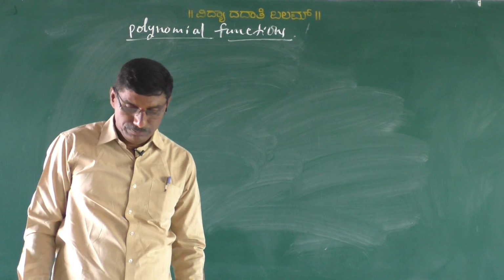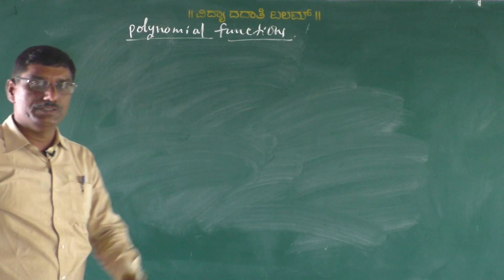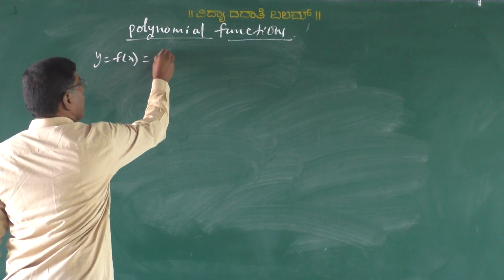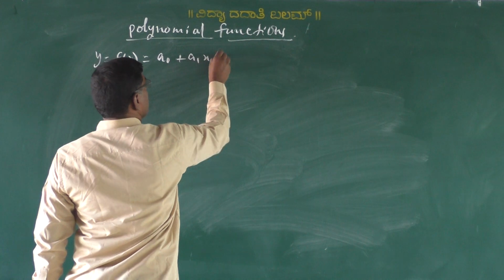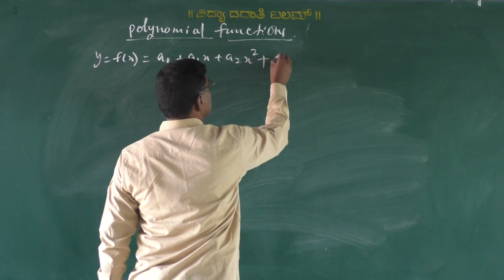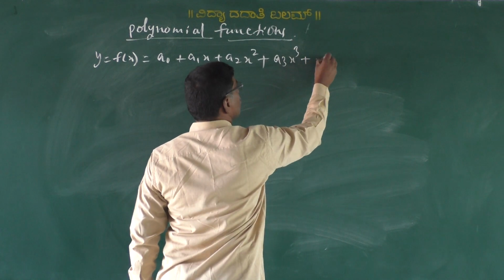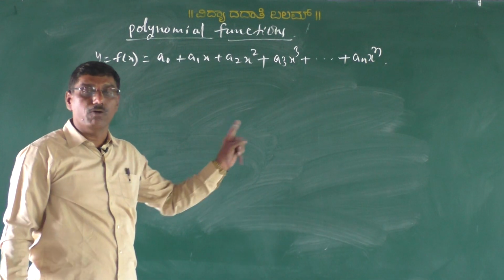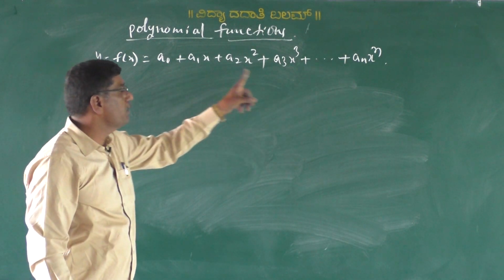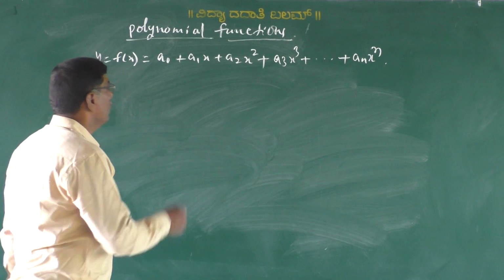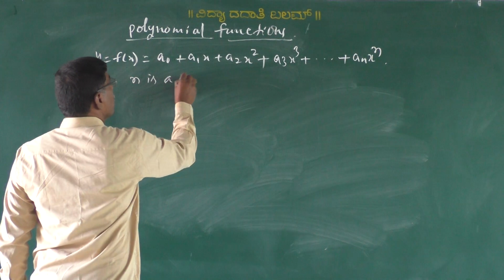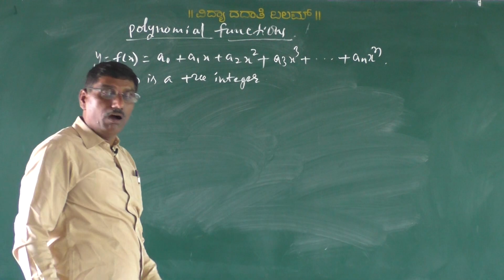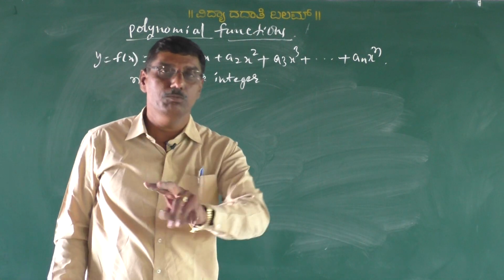We know, my dear students, y equals f of x equals a0 plus a1x plus a2x square plus a3x cube plus so on plus an x to the power of n. This is called a polynomial function. Here n is a positive integer, or non-negative integer, both are the same.